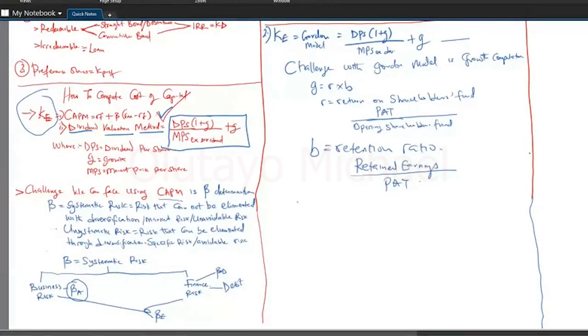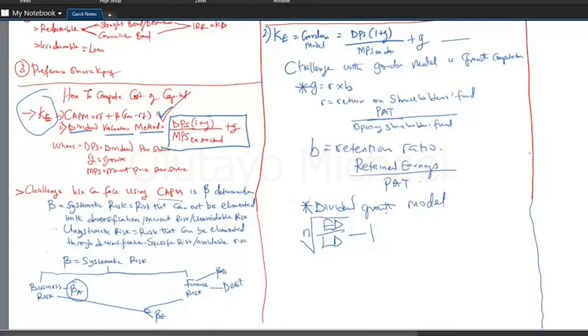Next one is using the dividend valuation method. Don't forget, we are talking about calculation of growth under the second method, the dividend growth model. Using the dividend growth model is basically saying the earliest dividend over the latest dividend, everything inside the root of n minus 1.